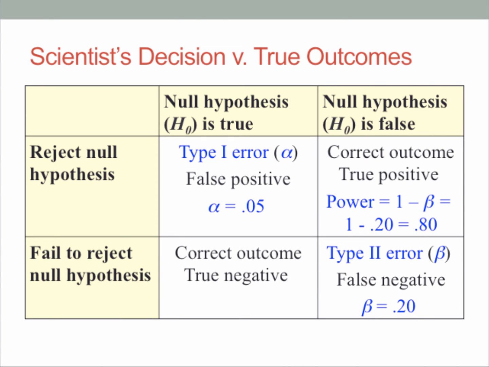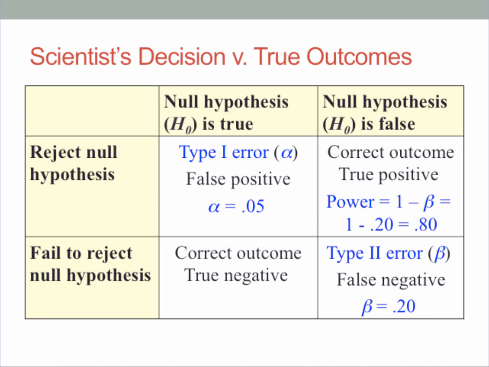Hopefully you've seen a similar table like this before, where the rows show whether we are going to reject the null hypothesis or fail to reject the null hypothesis, whereas the columns show that the null hypothesis is true or that the null hypothesis is false.